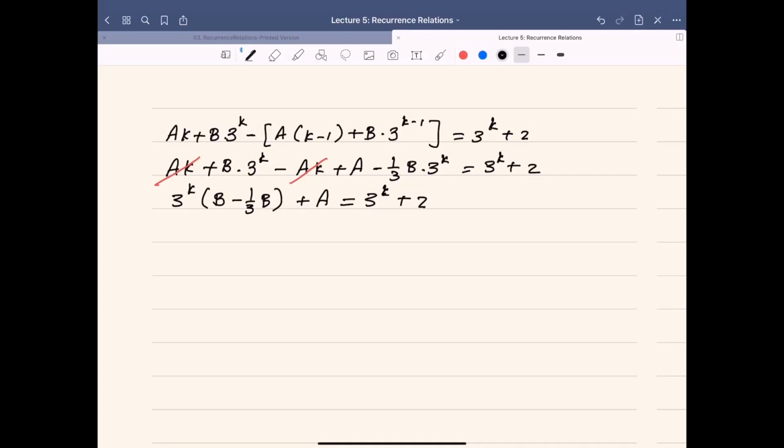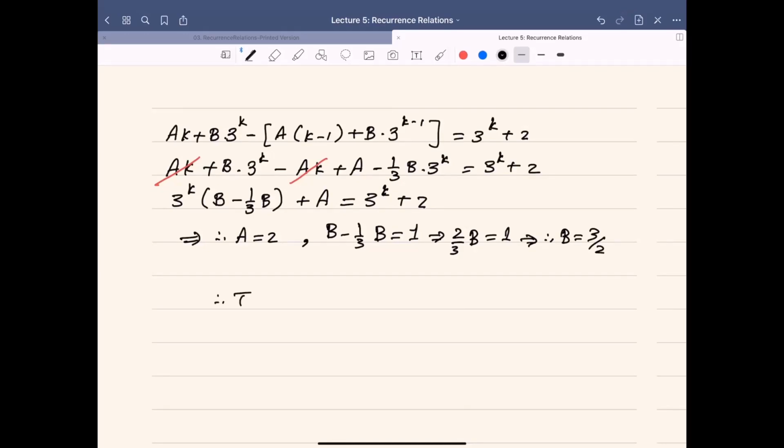Now do the matching. From here you can see that A is equal to 2, so you match this value with this value, and you match this term with this term. And also B minus 1 over 3 B is equal to 1. So we will have 2 over 3 B is equal to 1. So B is equal to 3 over 2.